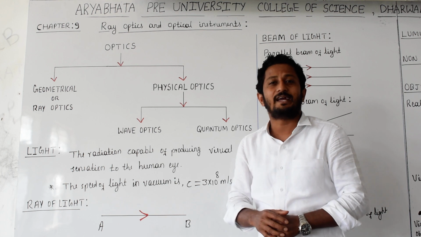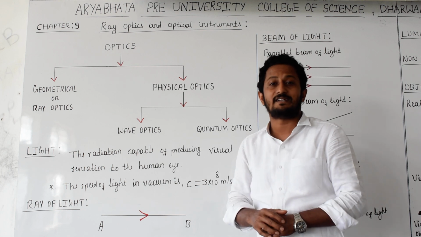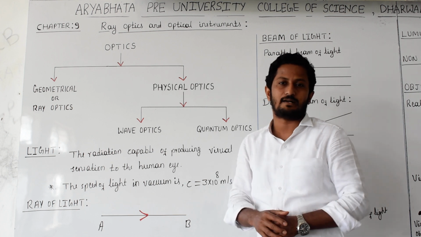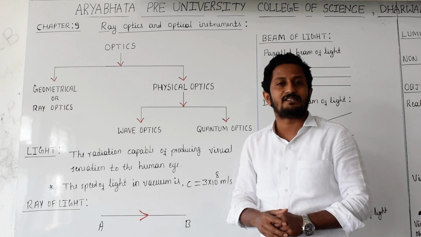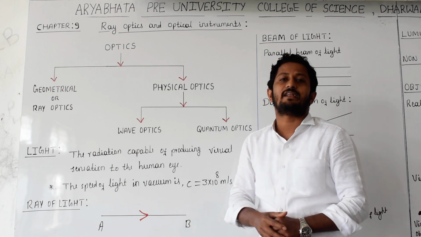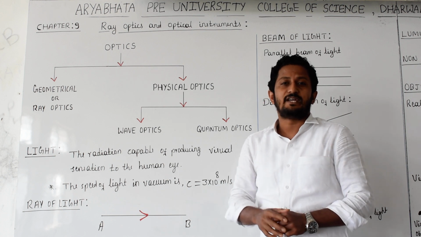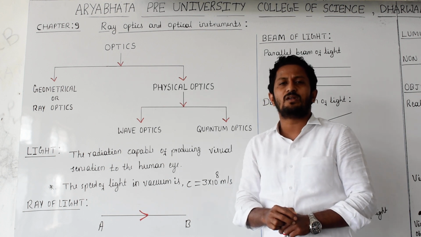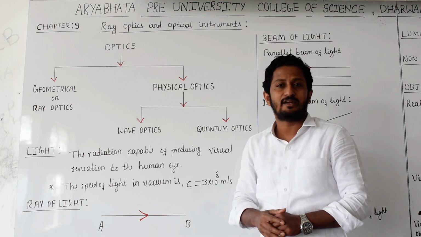a small energy packet present in light energy, is called quanta. I mean, light is a form of energy which carries energy from one place to another in the form of small energy packets called quanta. Getting what I mean to say?